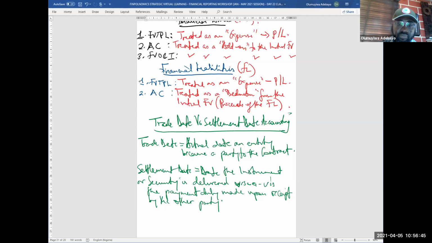I want to demonstrate it practically. How many of us have shares? How many of us invest in shares currently or have done it before? Okay, Shegun, can you unmute?